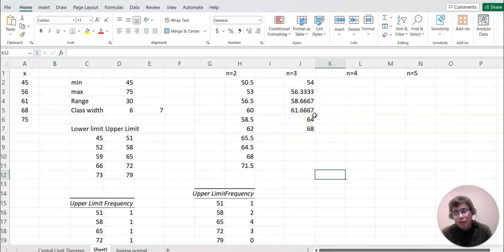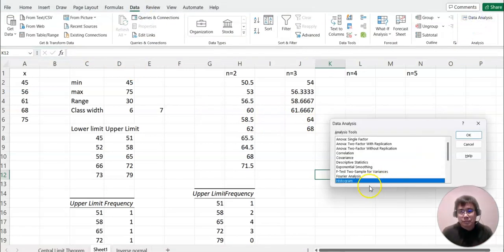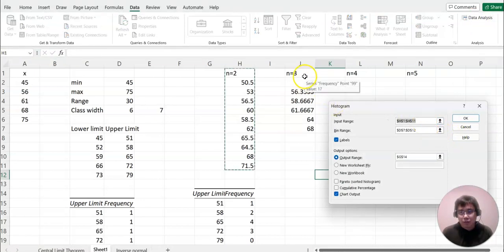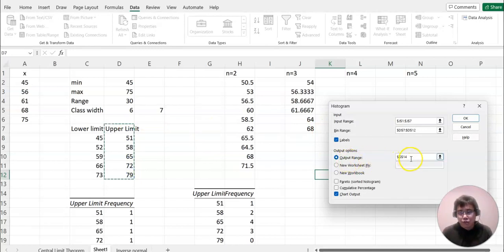Based on that, I'm going to also create the frequency table and the histogram. So histogram, and then input data, this time it will be this one, and the bin range is still the upper limit here. Then the output range, I'm going to switch around this time, and chart output.